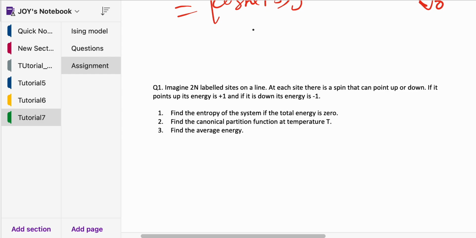Question 1. Imagine 2n labeled sites on a line. At each site there is a spin that can point up or down. If it points up, its energy is +1, and if it is down, its energy is -1. Find the entropy of the system if the total energy is 0.